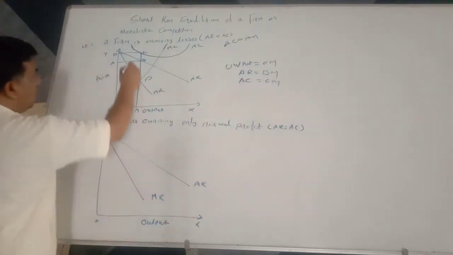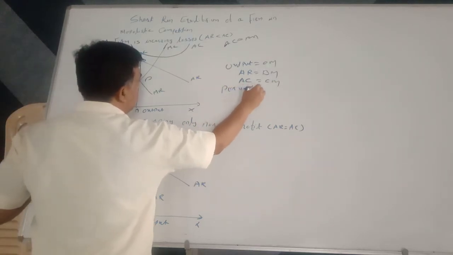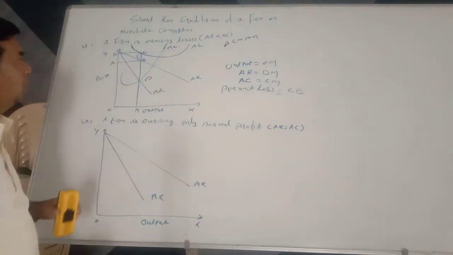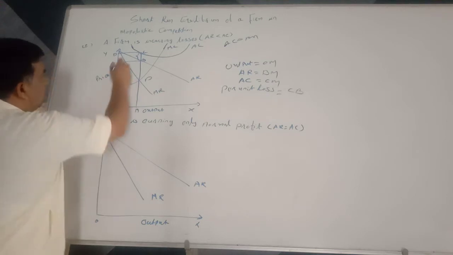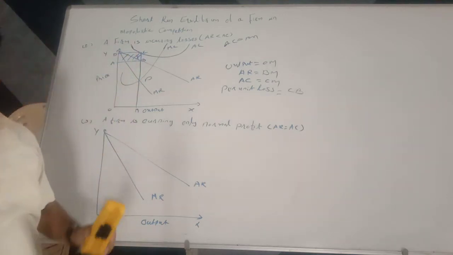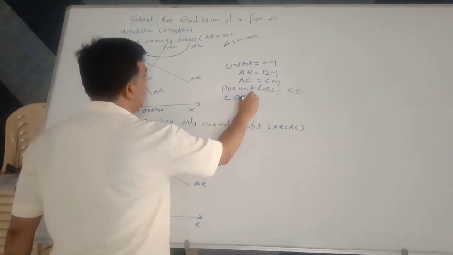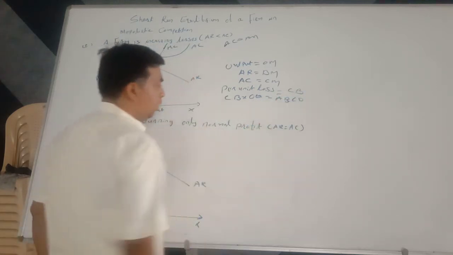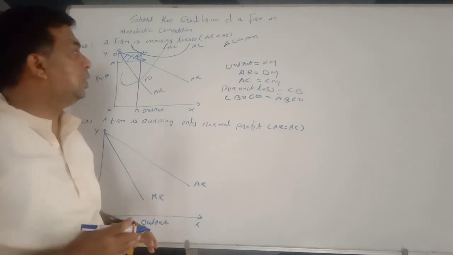So the per unit loss, the average loss, how much is it? CB. This is average cost, this is average revenue. So how much is the per unit loss? CB. But when we calculate it into area, CB into OQ, that is ABCD, we can also know total revenue and total cost.